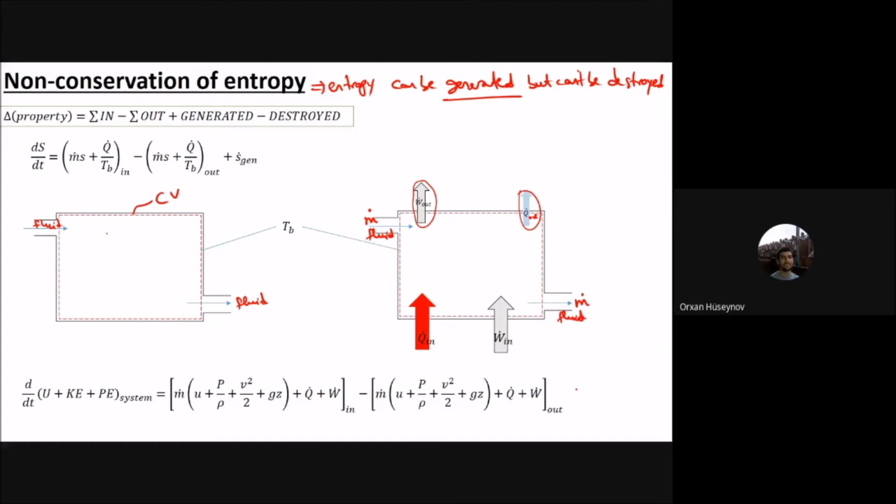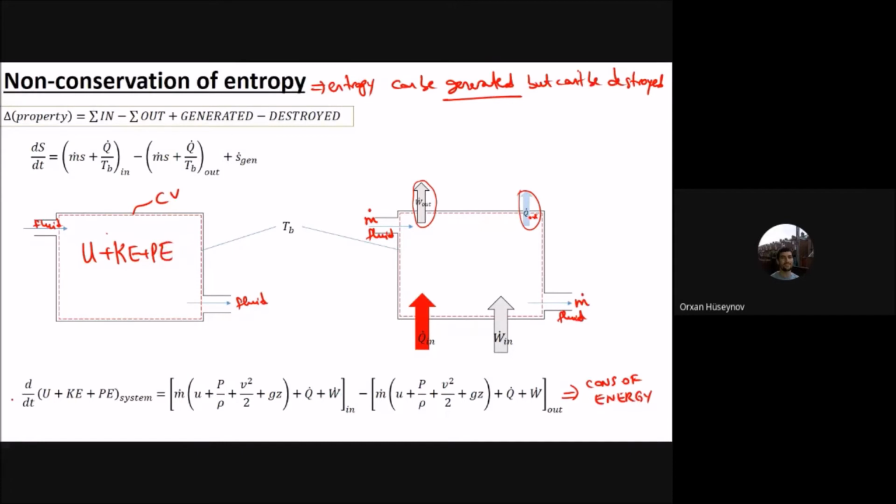If you write the conservation of energy, which is this one, so first let me add, this can be a turbine, compressor, or any other system that is open. Okay. So if you are trying to write the conservation of energy, the change of the total energy of the system, the system has total energy, which is the internal energy, kinetic energy, and the potential energy.